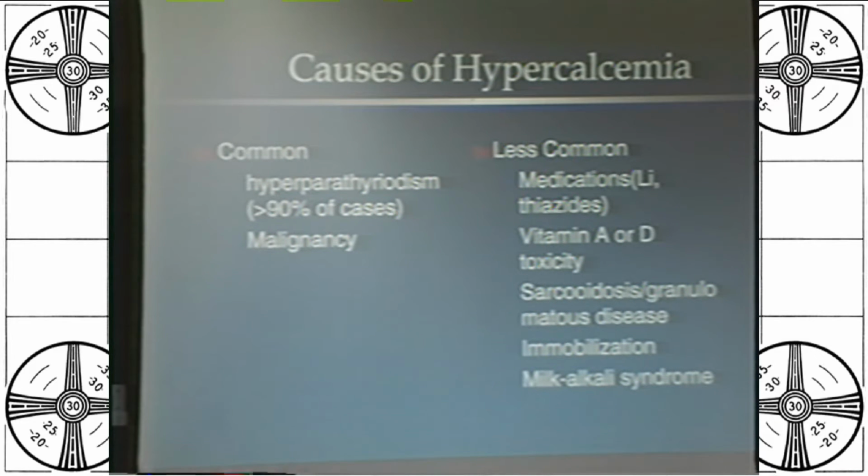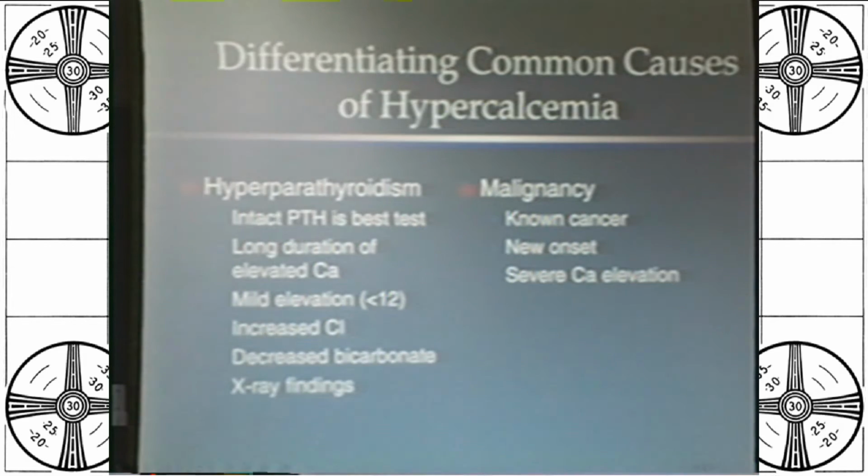Less common are medications, so lithium and thiazide diuretics or excess vitamin A or D can cause hypercalcemia. Granulomatous diseases like sarcoidosis can do it. Immobilization in people with underlying bone problems can, and then the milk alkali syndrome, where people take in milk and lots of calcium-containing antacids, can do it. So those are the less common.